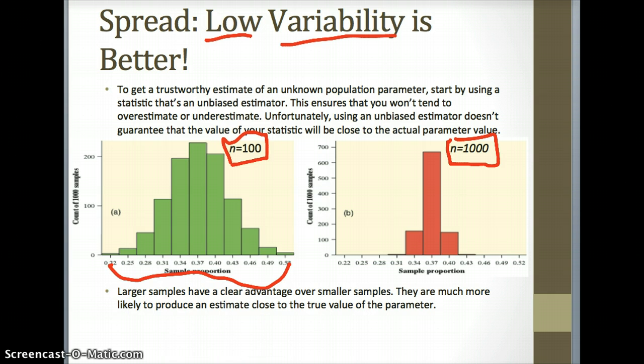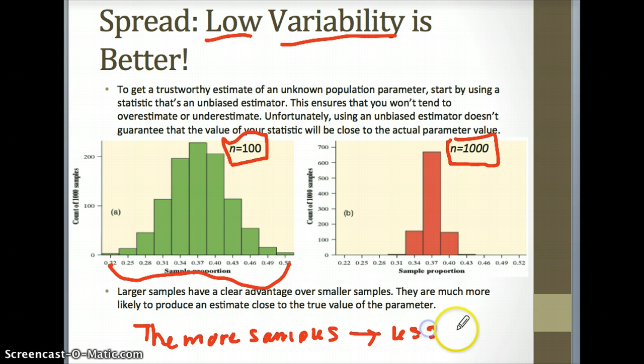And because of this, it is kind of letting us know that the more samples, the less spread out. So it's one way to kind of fix the problem of a biased estimator.